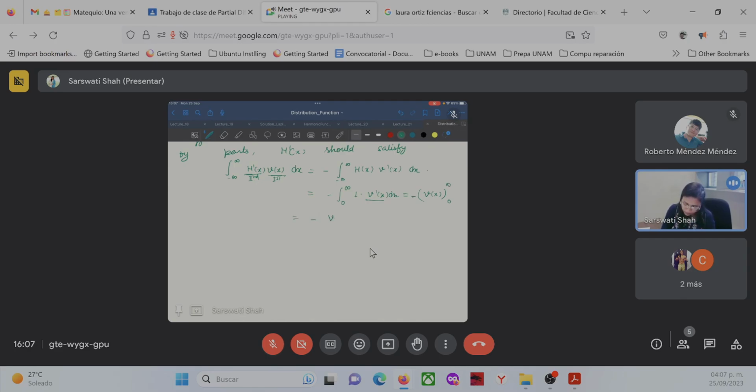So minus v infinity plus v of 0. Now we have assumed, what is the boundary of R? The boundary of R is minus infinity and plus infinity and v vanishes on its boundary. So v of infinity is going to be 0 and we are left with v0 for all v belonging to C01 R.